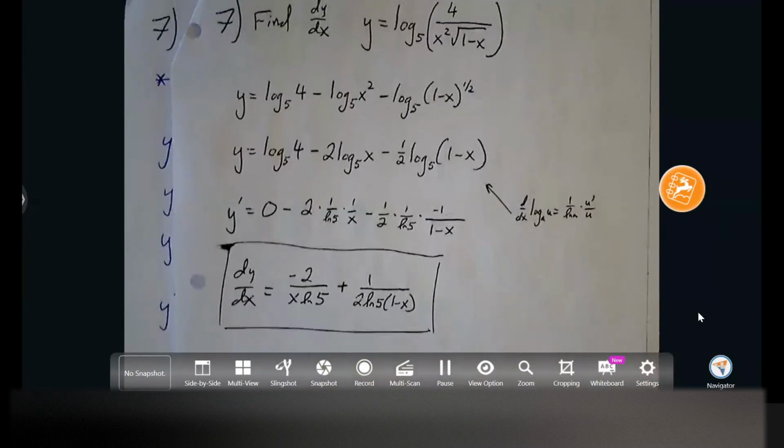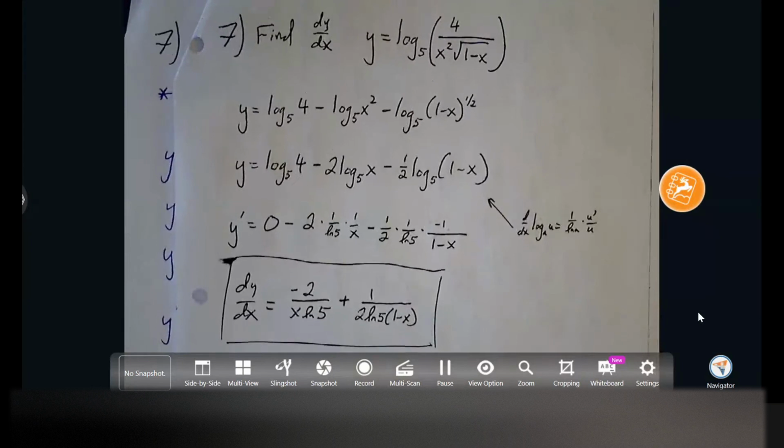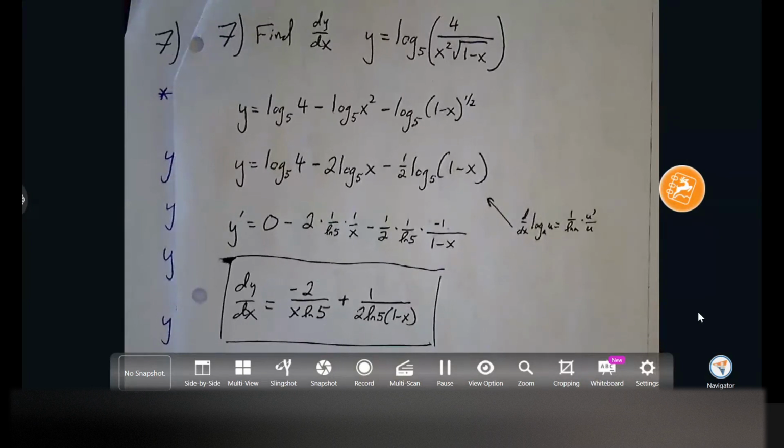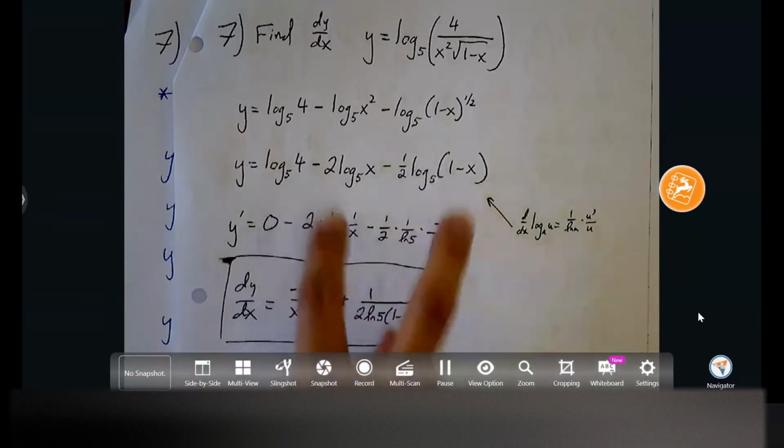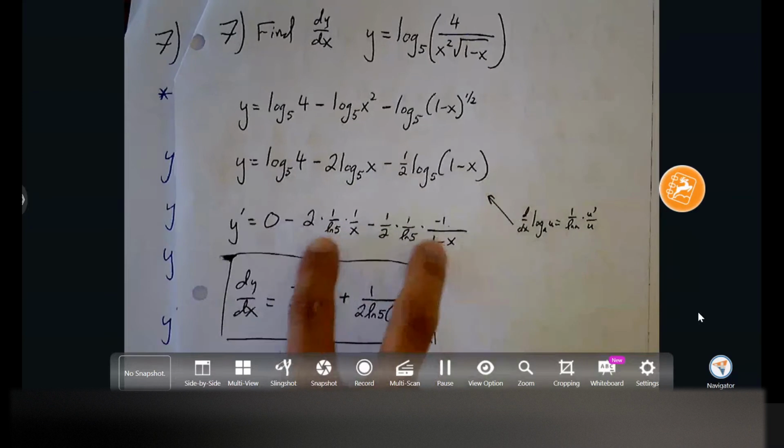Okay, any questions with 7? Do you guys all see how it got expanded? On the test, how much cleanup will we be required to do after we find the derivative? You technically have the answer.